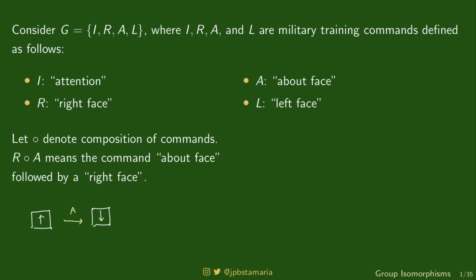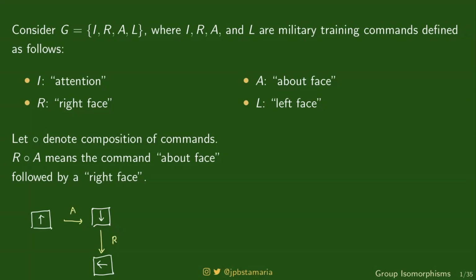And then, if that is followed by the command R, from that current position, you do a right face. What is your final position? Pag nakaharap ka dito, ang left mo ito, ang right mo ito. So the right face is going to be like this. Do you understand what I'm saying?